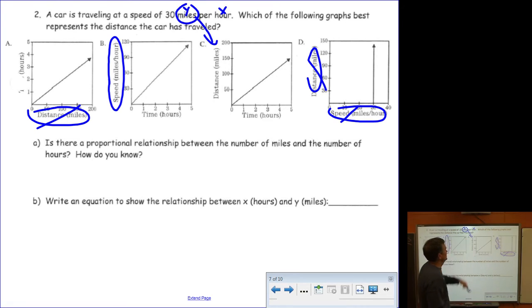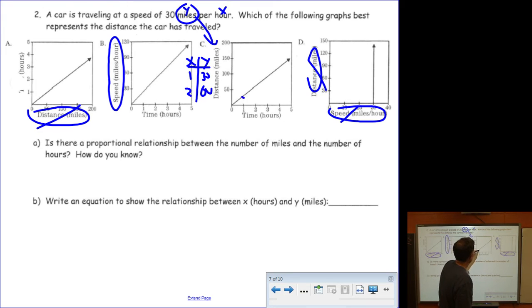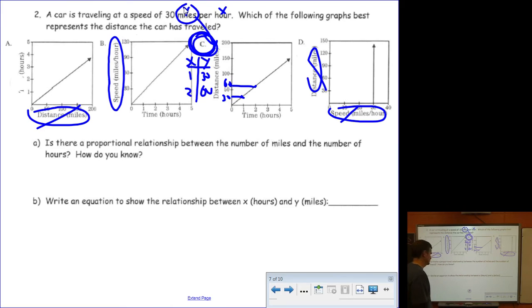So this is actually the only one that has the correct labels on the x and y axis. And it also has the correct numbers. At 30 miles per hour, 1 hour would be 30 miles and 2 would be 60. So that seems about right. So I'm pretty sure that graph C is our right answer.